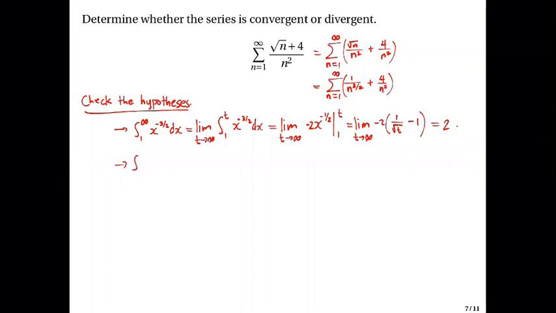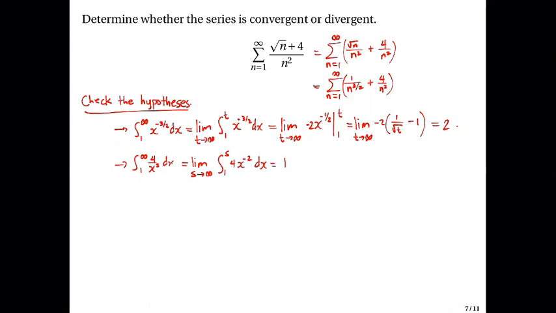For the other guy, same process. You have integral from 1 up to plus infinity. In fact, maybe you could have combined them into a single integral. But anyway, you have 4 over x squared dx. This is equal to the limit as s goes to plus infinity, integral from 1 up to s of 4 x raised to negative 2 dx.